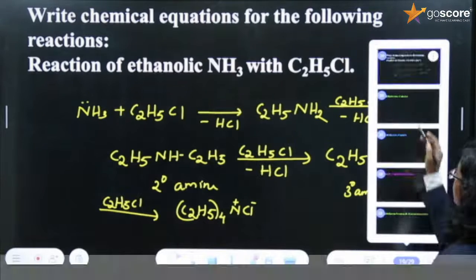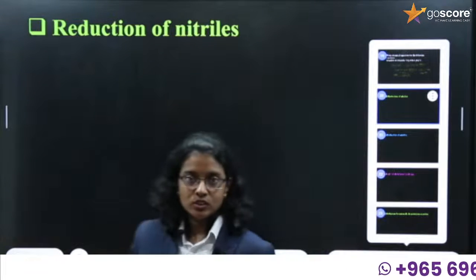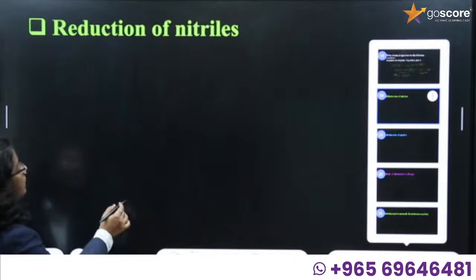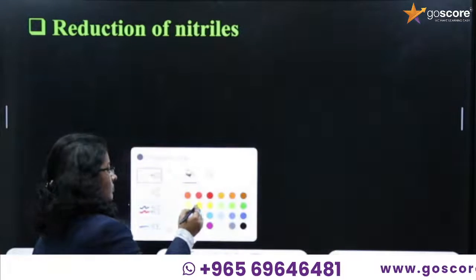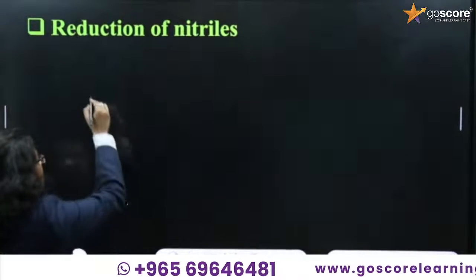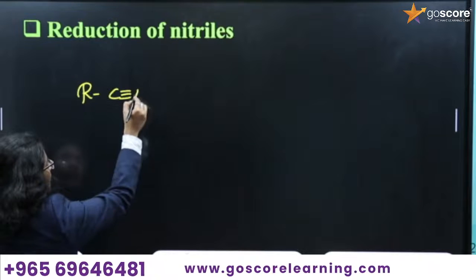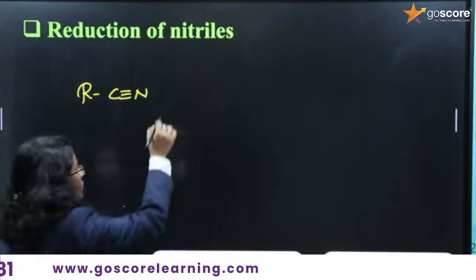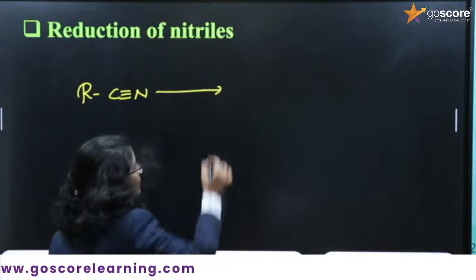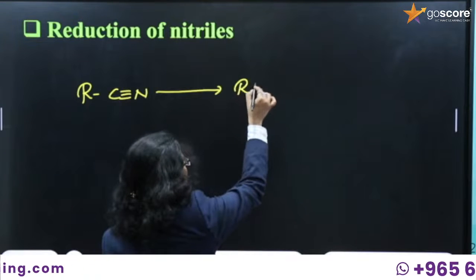Okay. The next one is reduction of nitriles. So now you're familiar with the nitrile group. Which is the nitrile group? R-C≡N is the nitrile group. Here also, you know that the nitrile group will convert to amine, that is RNH2.